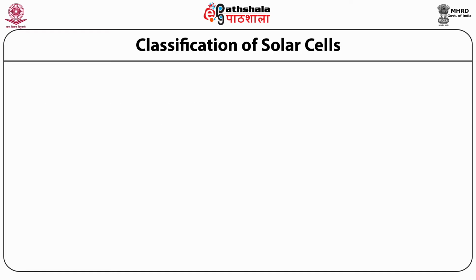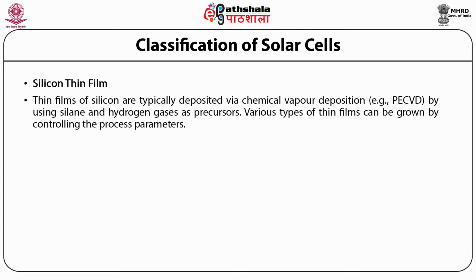Let us now discuss silicon thin film. Thin films of silicon are typically deposited via chemical vapor deposition, for example PECVD, by using silane and hydrogen gases as precursors. Various types of thin films can be grown by controlling the process parameters.